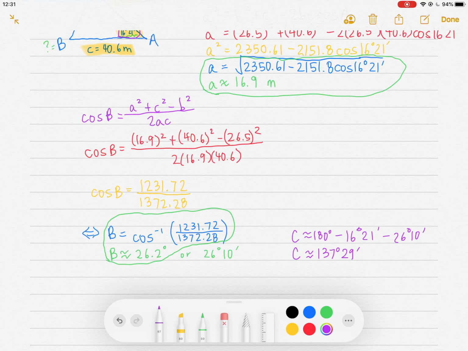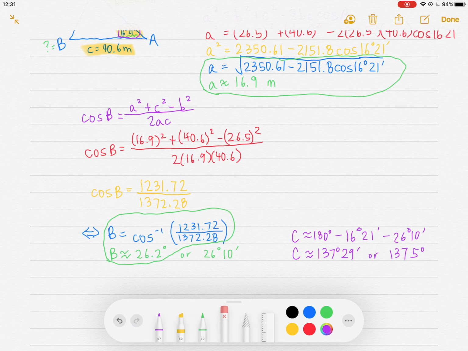Or in decimal degrees, oh shoot, it's 137.5 degrees.